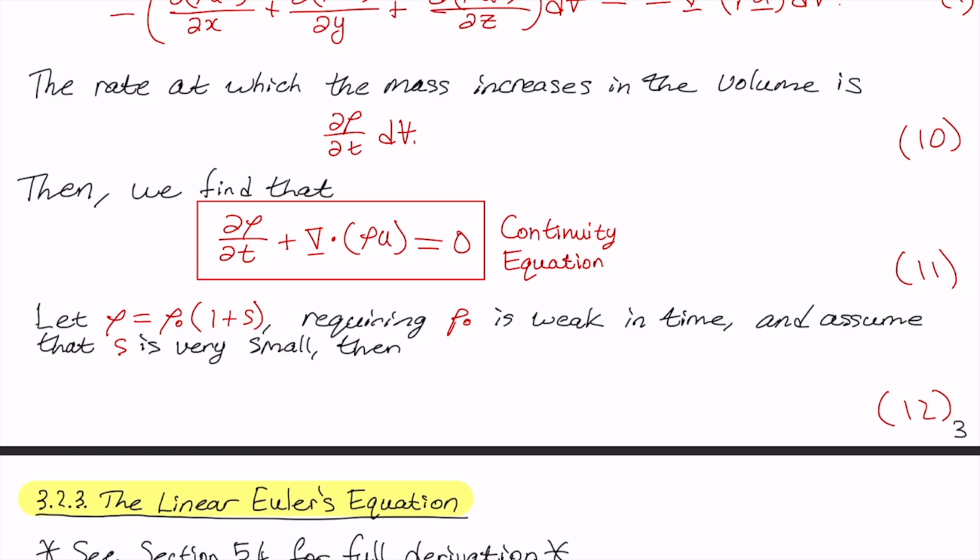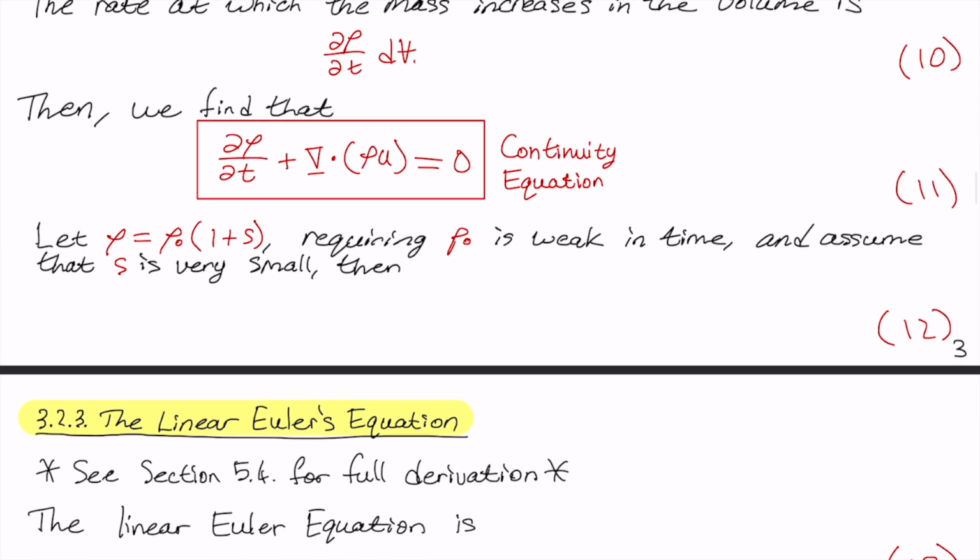From here, what we can do is let rho equal rho 0 times the quantity 1 plus S, where S is the condensation, and we assume that rho 0 is weak in time. That means that the atmospheric density remains constant or changes over very long periods of time.